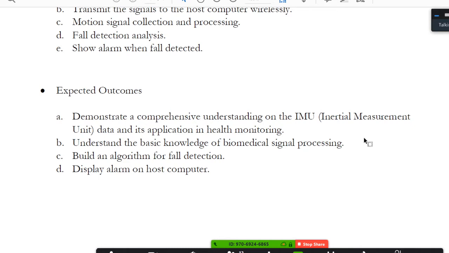For example, if you have an accelerometer, you have bias. The bias means you have no input, but you still have output. This is called bias. And then you have a scale factor. That means if you give 1g, the measurement should be 1g. But sometimes if the model is not good, it says 2g, and then you need to calibrate this scalar.